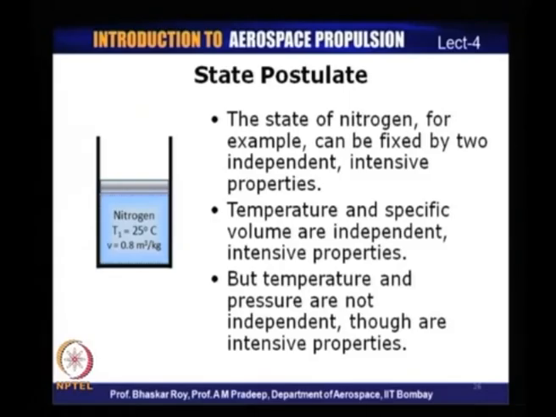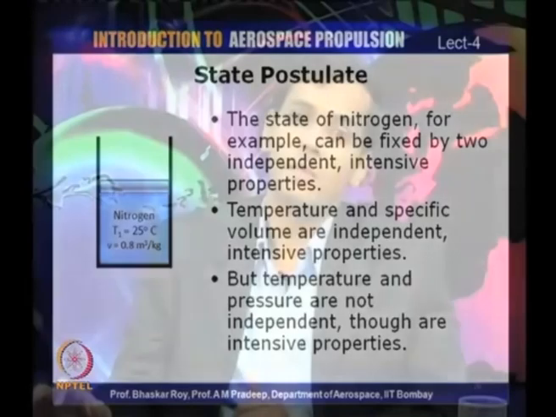But on the other hand, if instead of specific volume, you had decided to define it by temperature and pressure, then it is not defining the state of nitrogen, because temperature and pressure are not independent. That is, you cannot vary the temperature while keeping the pressure constant and so on. So, temperature and pressure depend on each other, and it is therefore not possible to completely define the state of a system by just defining temperature and pressure.